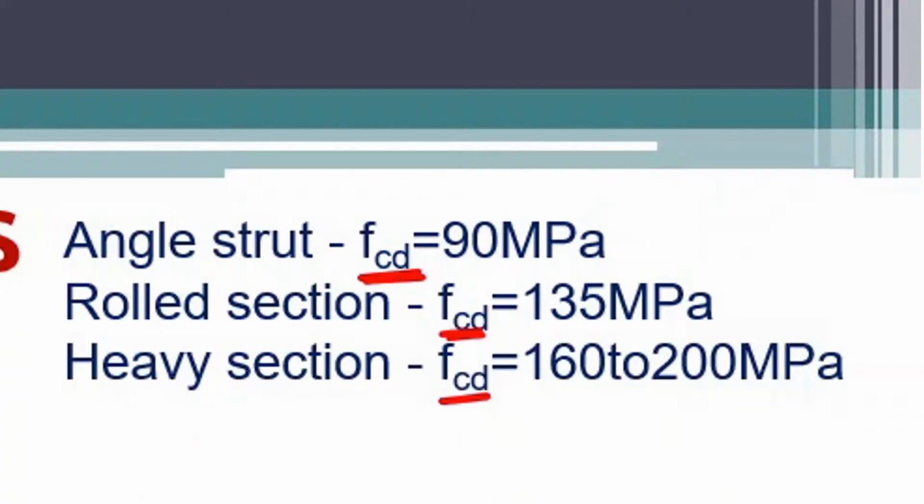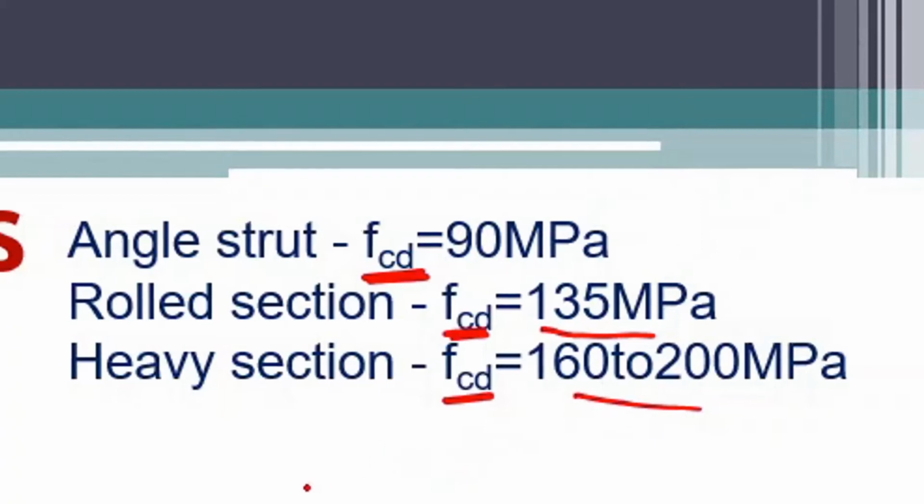Normally for a strut, we'll go for an angle and small strut, and fcd can be assumed around 90 to 100 megapascal. For a little heavier rolled section, channel or angle section, we can assume design compressive stress in the range of 135 N/mm². If we are going for a heavy section, then we can go for 160 to 200 design compressive stress.